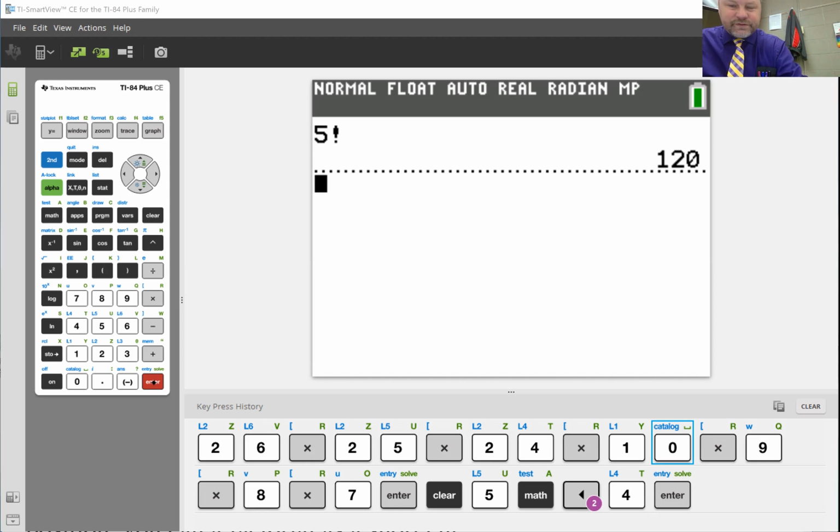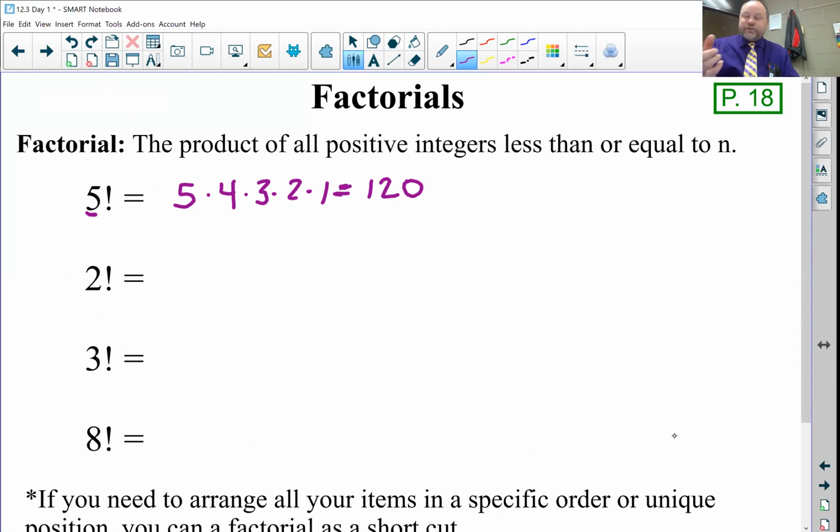A lot of times it should have a button that says PRB or PROB. If you have just a scientific calculator, that's probably where it would be. If you have a different calculator and aren't sure, see if you can find the user manual and look up factorial in the index. Or you could hang around and show it to me and I can try to help you find it.